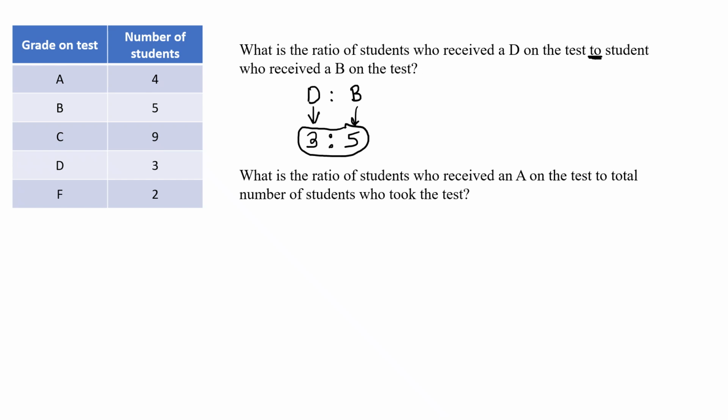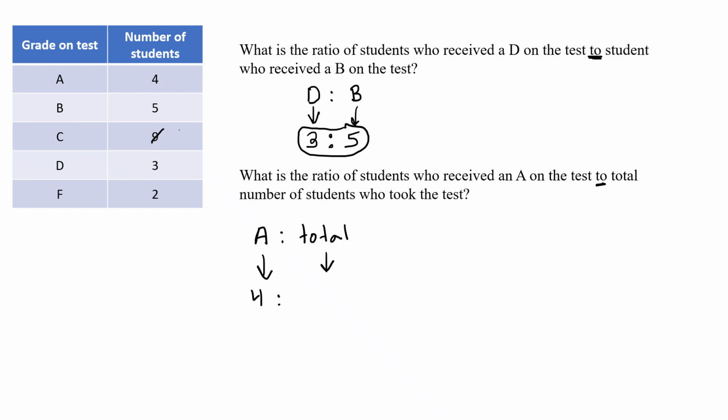Let's do another example on the same set of data. What is the ratio of students who received an A on the test to the total number of students who took the test? So we can go A students to total number. In my table, there are 4 students who got As. And then the total students, so we have to add these up. 4 plus 5 is 9. 9 plus 9 is 18.